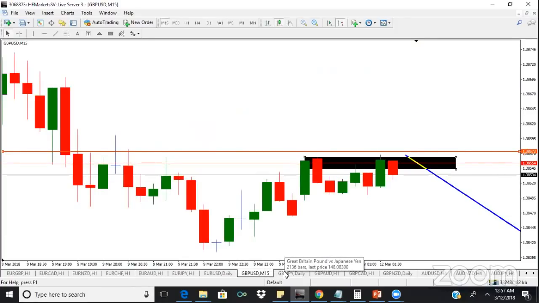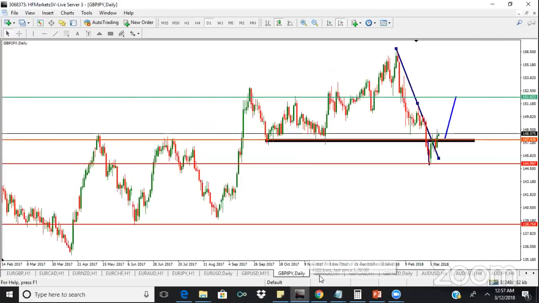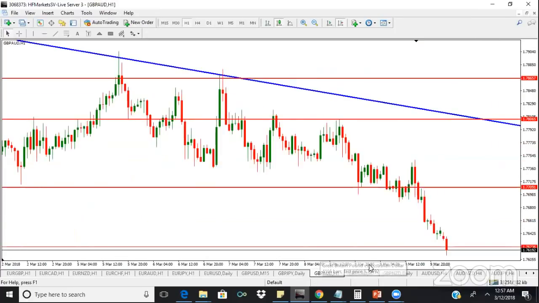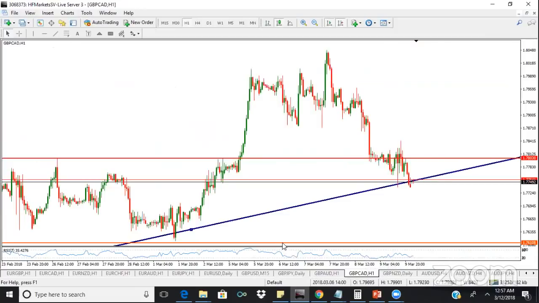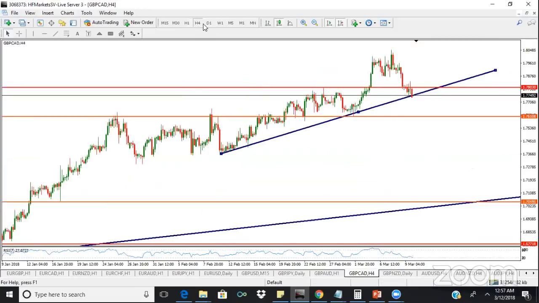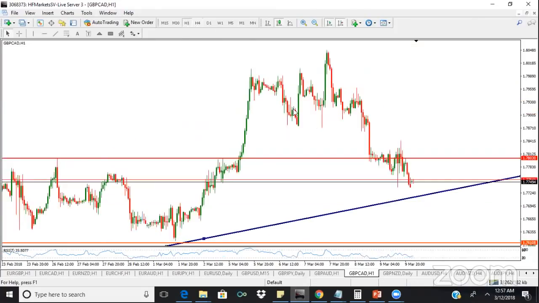Are you ready to pull your trigger for GU? GU looks exciting. Pound CAD. Look at what has happened, guys. It has broken into our zone. It's coming to retest. So I would rather wait for a pullback before I enter a sell.